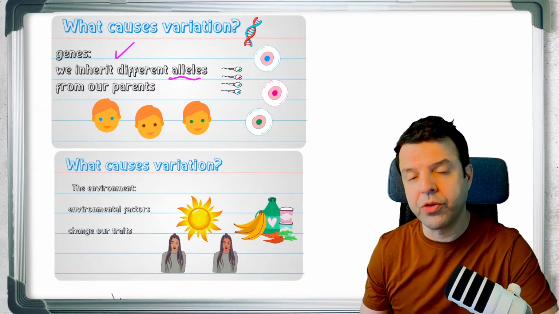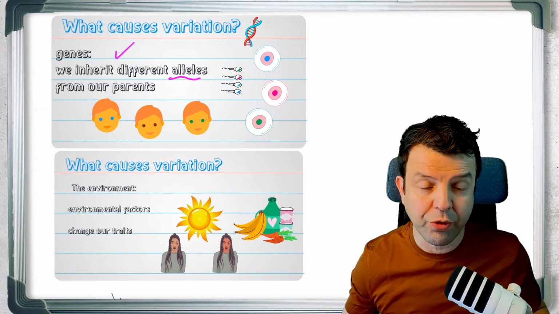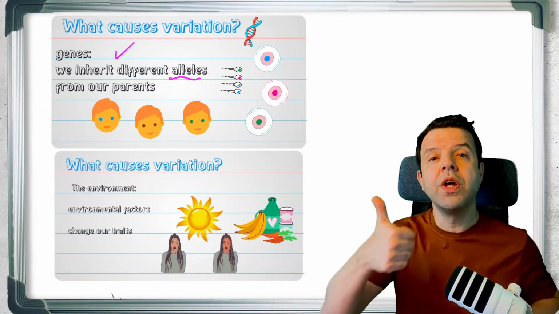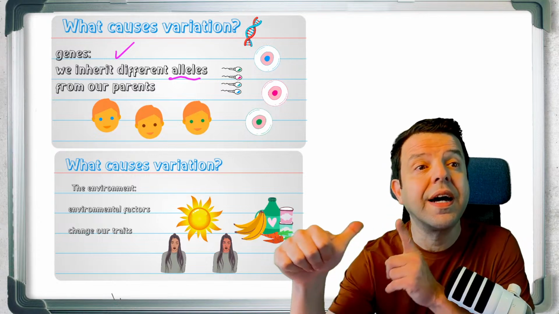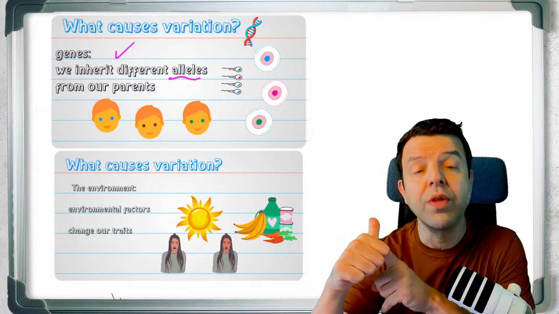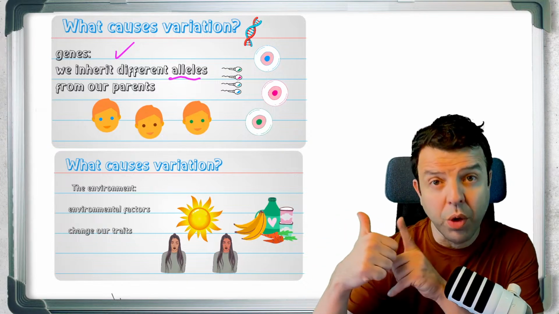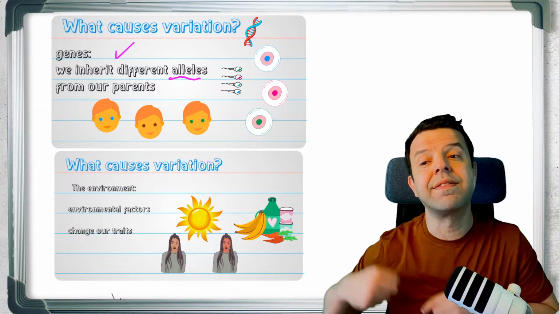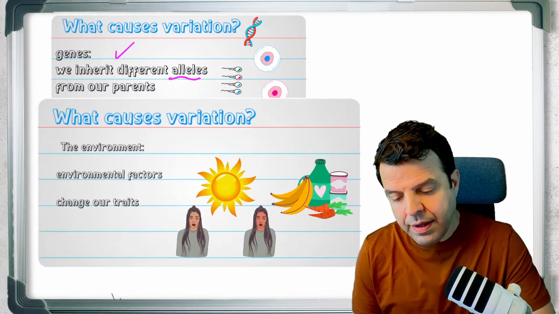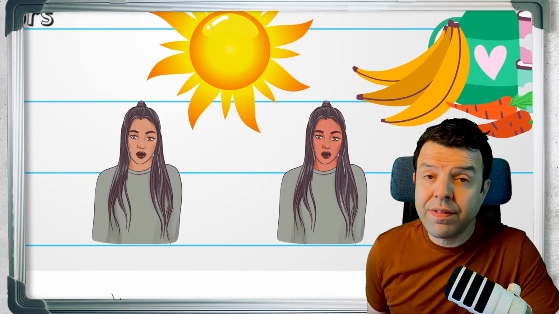So in other words, someone asks you, why do we look different? What are the main two reasons for variation? You're going to first say it's the DNA, genetic variation, which has to do with the DNA that we receive from our parents. Second, it's the environment, environmental factors, such as sun exposure.